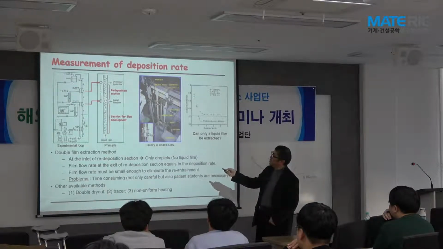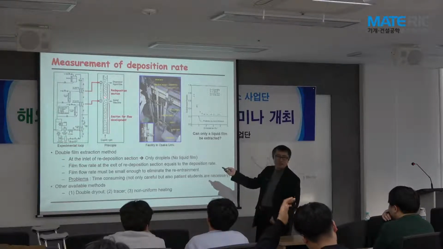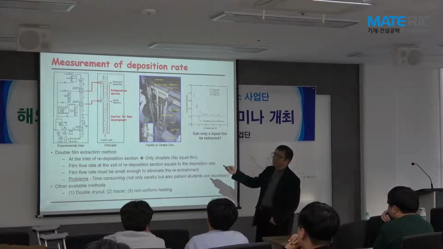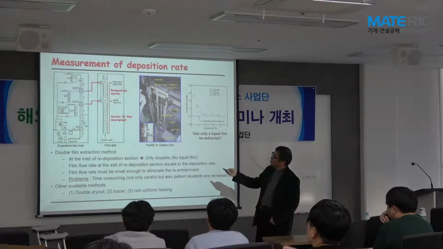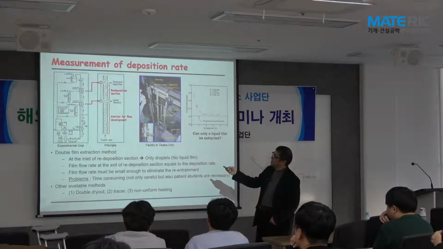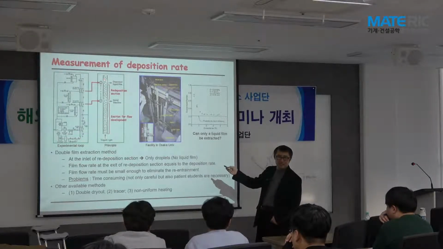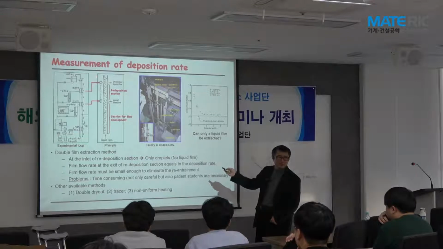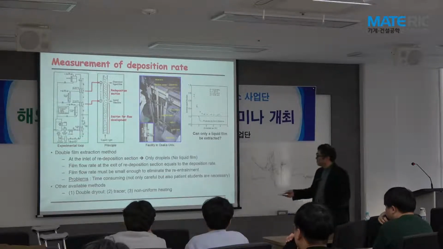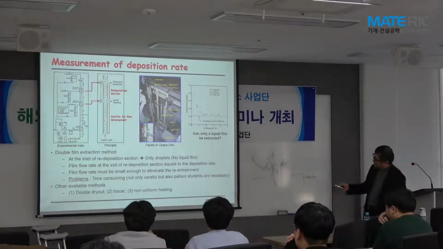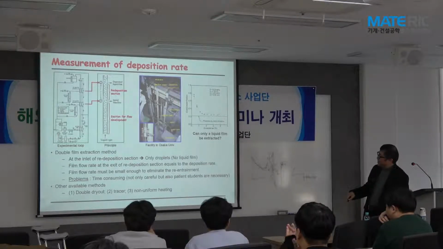However, these droplets redeposit to the wall, and a new liquid film is created. And this new liquid film is extracted here. Therefore, we can assume that the rate of droplet deposition in this section is equal to the liquid film extracted here. This is the basic measurement principle. There is one more important assumption, but it takes time to talk, so I skip it, sorry.